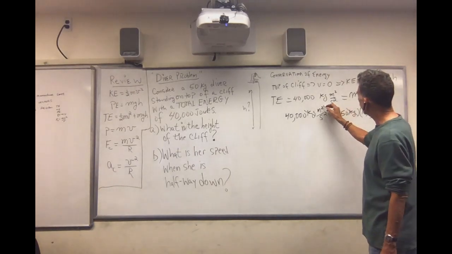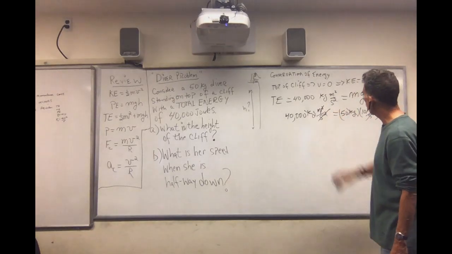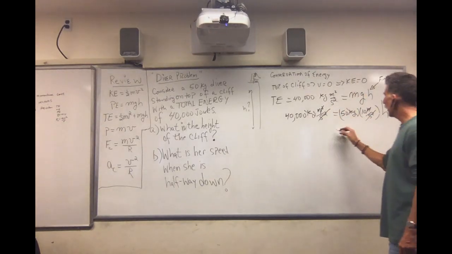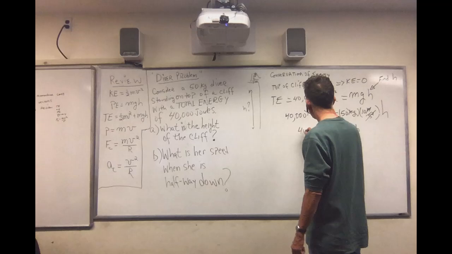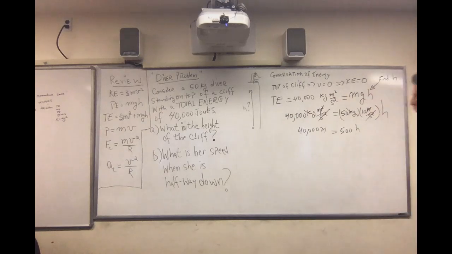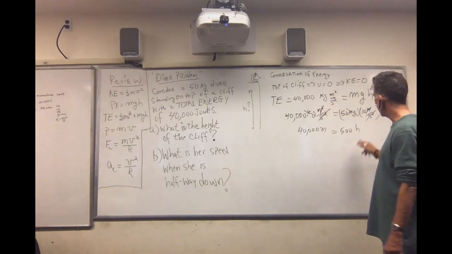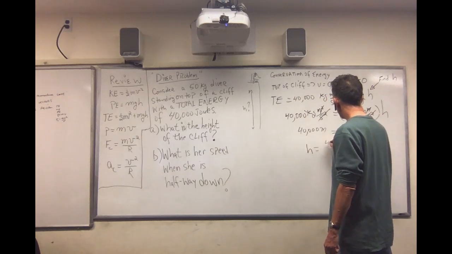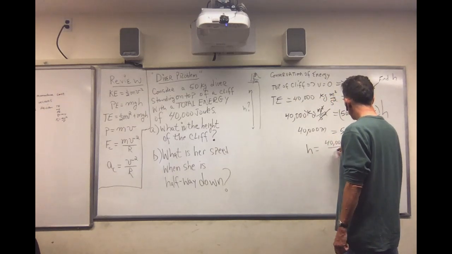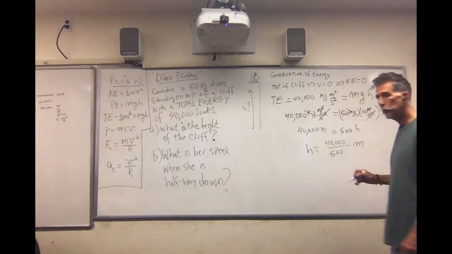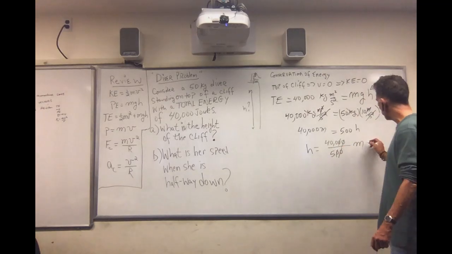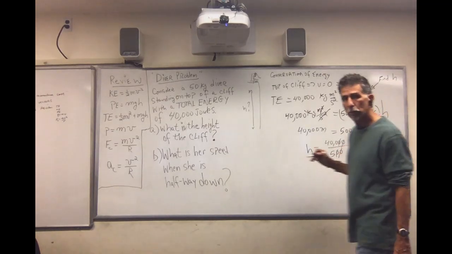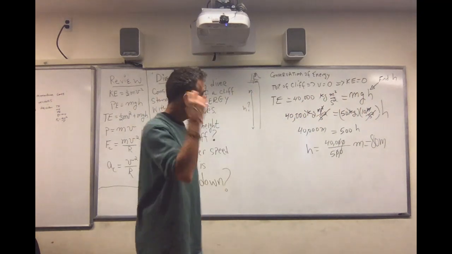Meters are going to go out with one of these meters, and second squared is going to go out with second squared. On the right-hand side, then, we have 500 h is going to be equal to 40,000 meters. Remember, one of the powers of meters went out. So h is going to be 40,000 divided by 500, and that answer should be in meters. We can take 2 zeros away. Now we have 5 into 400, I believe, is 80 meters. So the height of the cliff is 80 meters.